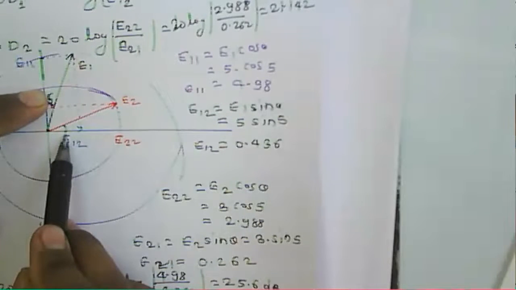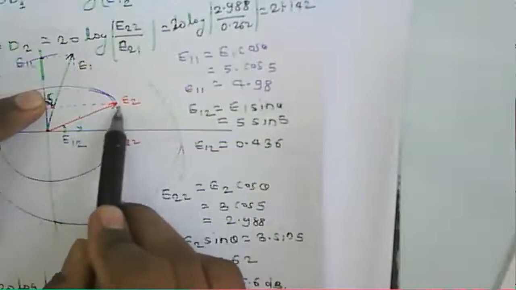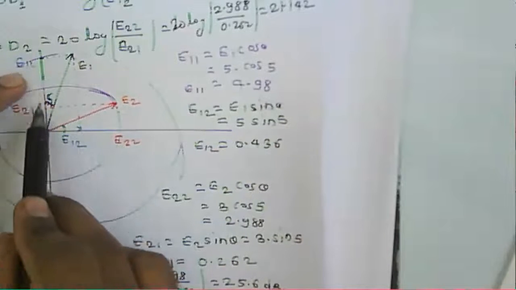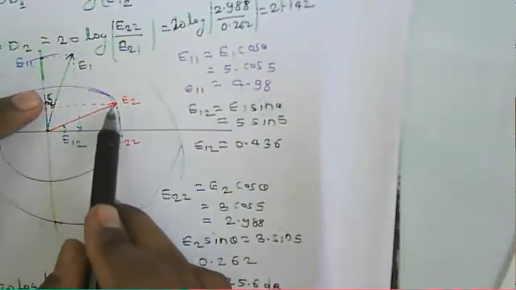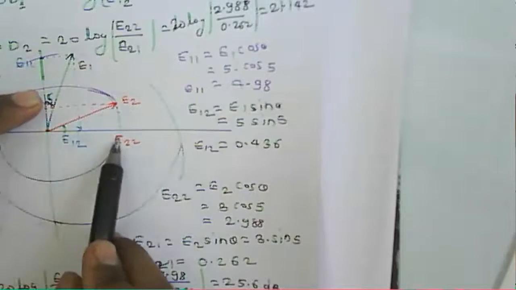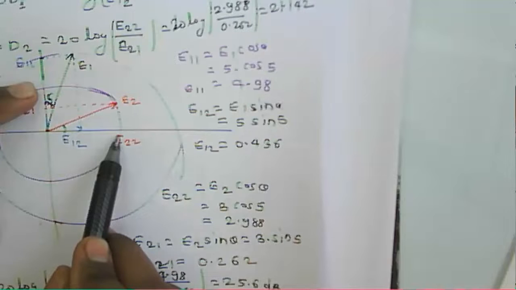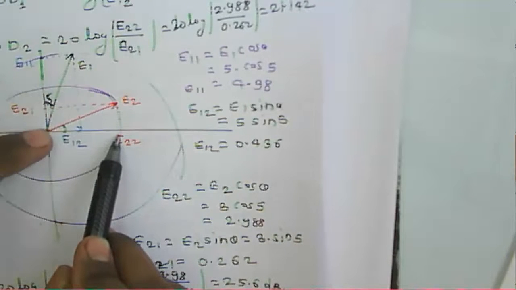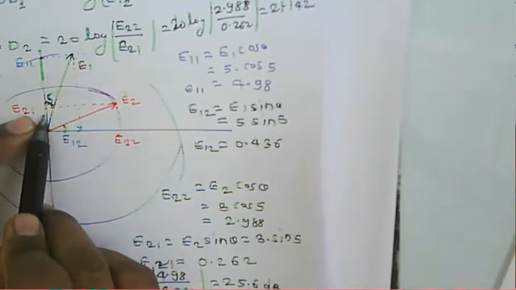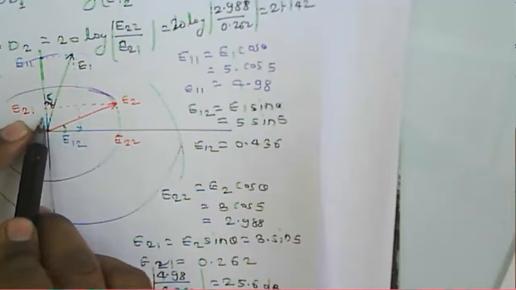Then for this E2, E22 and E21. So E2 has E21 and E22. This E22 belongs to this particular theta, so E22 is equal to E2 into cos of theta, and E21 is equal to E2 sine of theta.